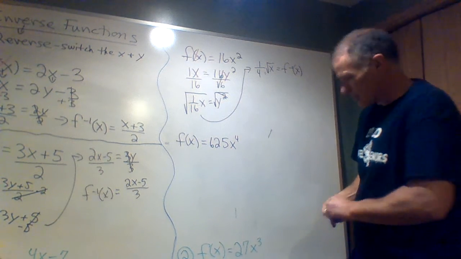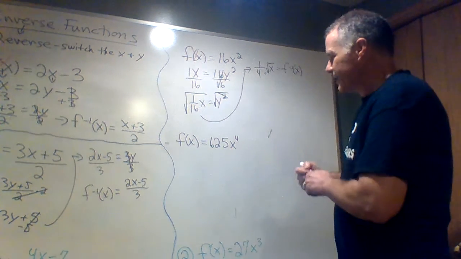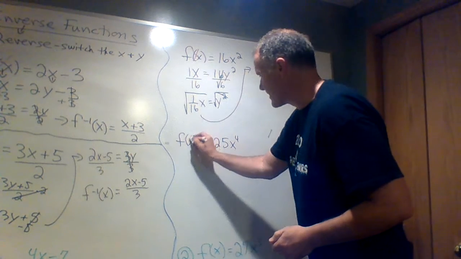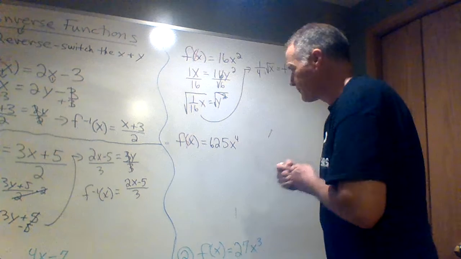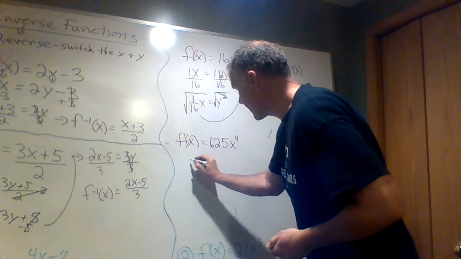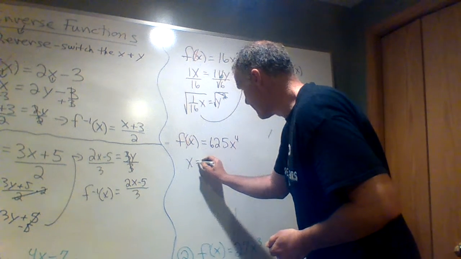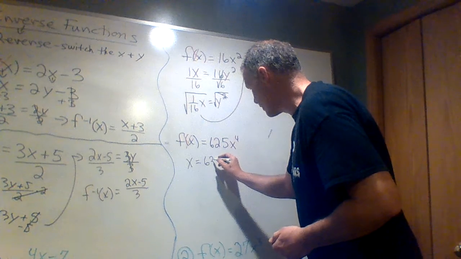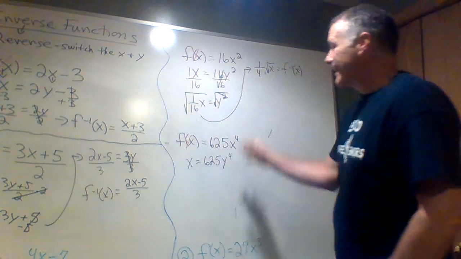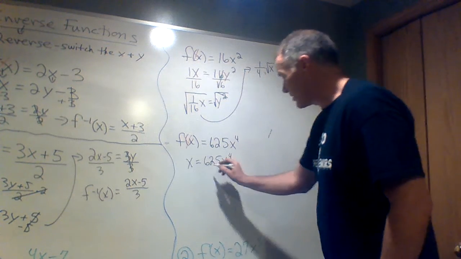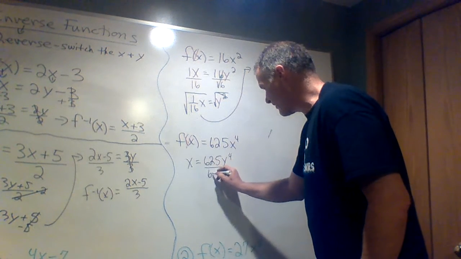Very similar on this second one. It's just a little bit bigger power. This is y, so this becomes x equals 625 y to the 4th. Now again, this is really similar to up here. Divide away the 625.